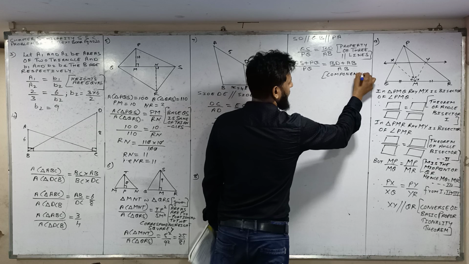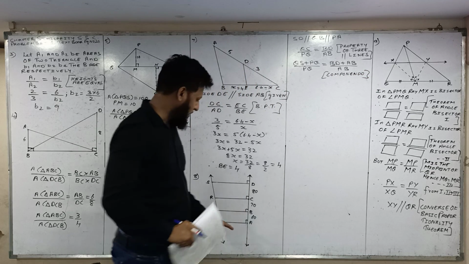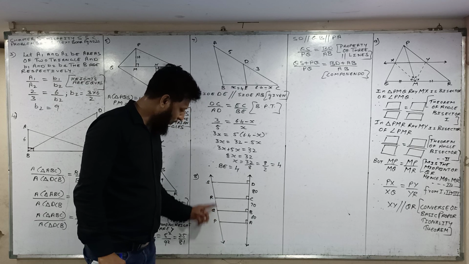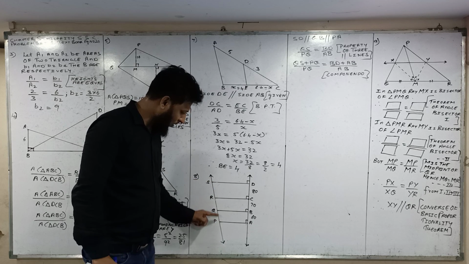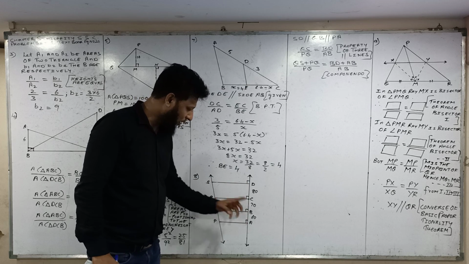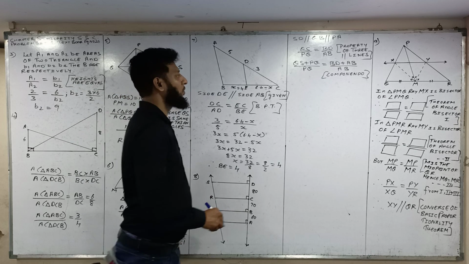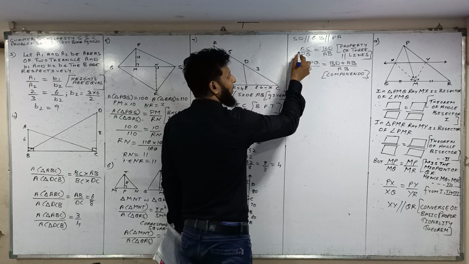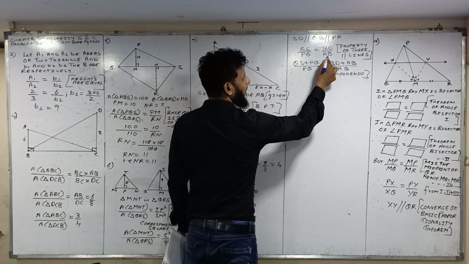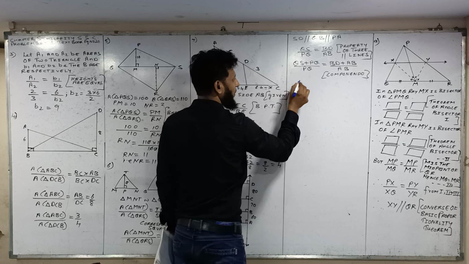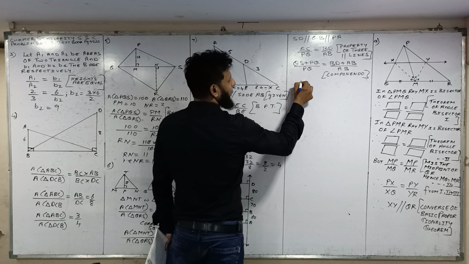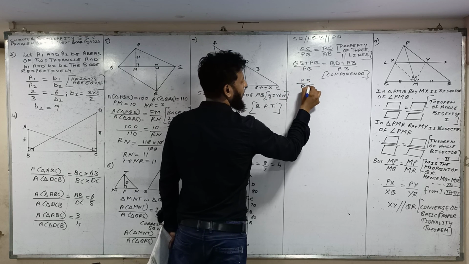Understand? This is parallel to this and this, so we can write PQ upon QS, or QS upon PQ. When we take QS upon PQ, then here we take BD upon AB. Now we have done componendo: QS plus PQ upon PQ as it is, BD plus AB upon AB as it is. When you add QS and PQ, you get PS.